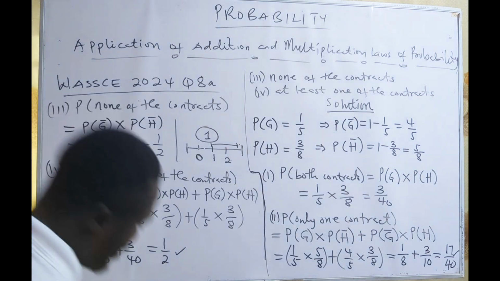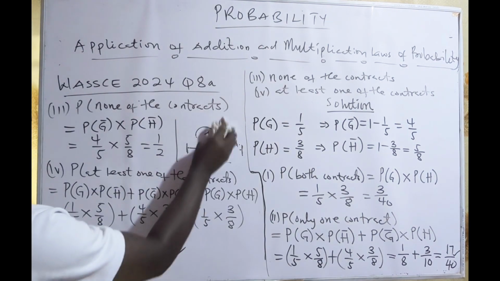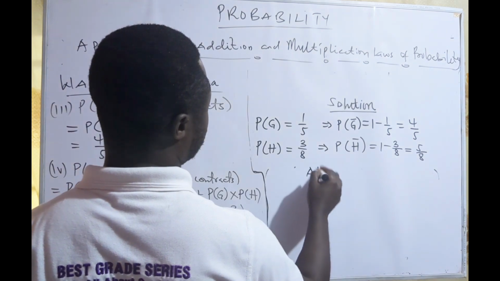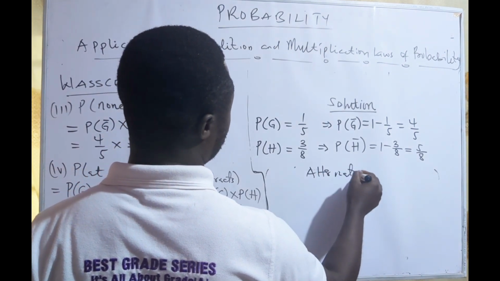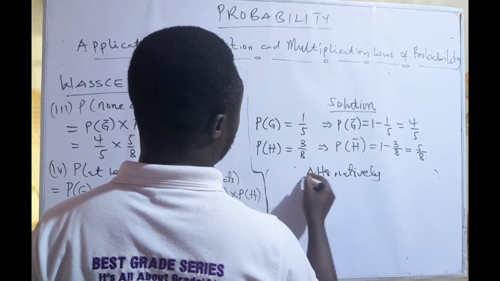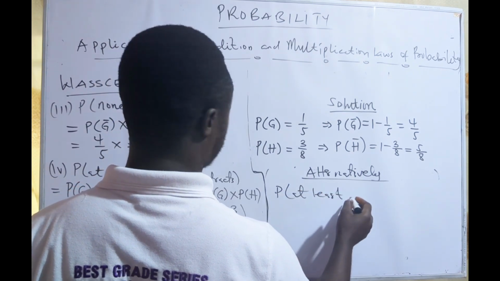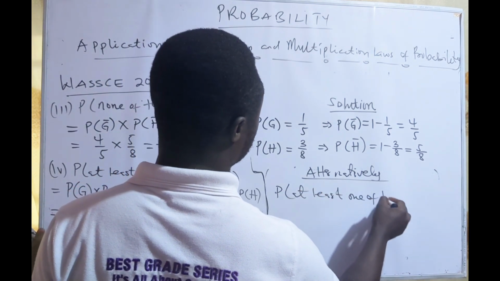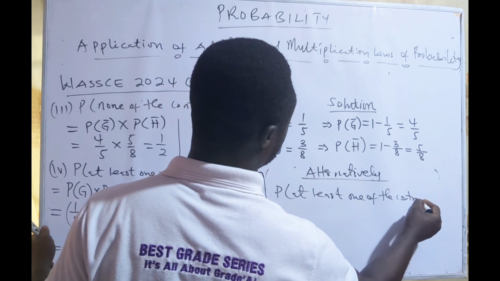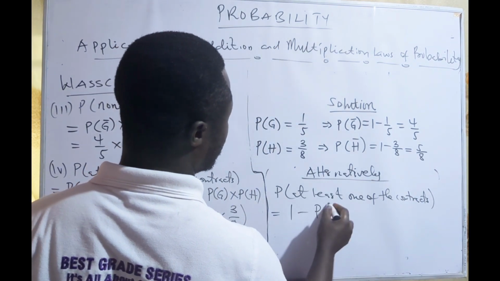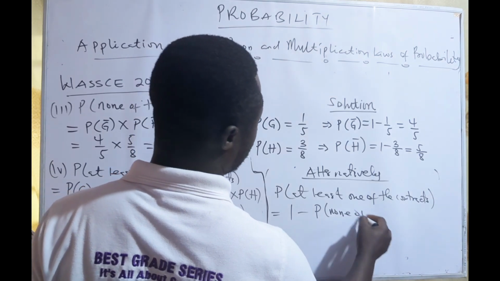So let's work that one, and then you see what we will get. Alternatively, the probability of at least one of the contracts is the same as 1 minus the probability of none of the contracts.